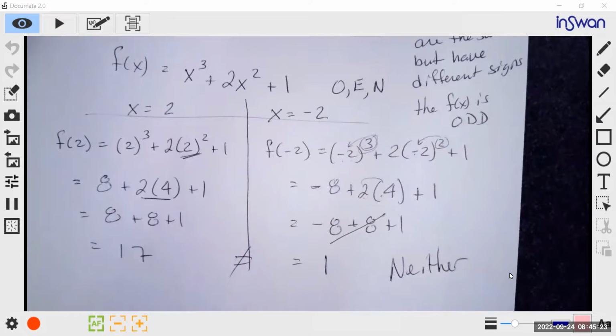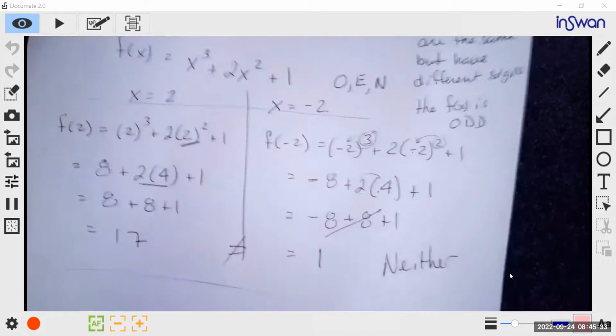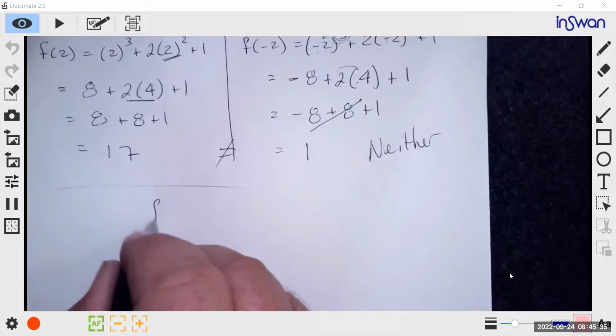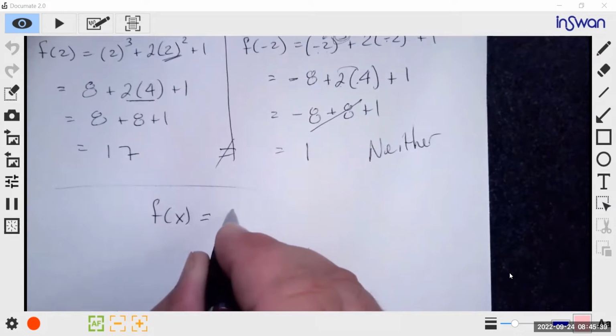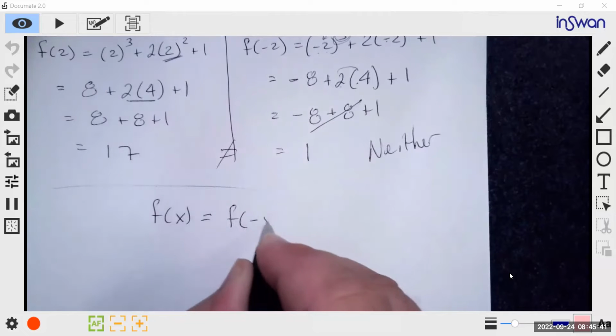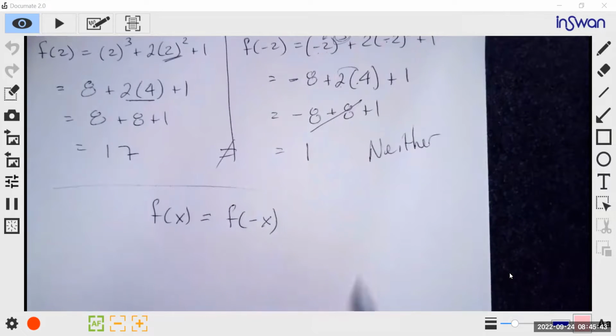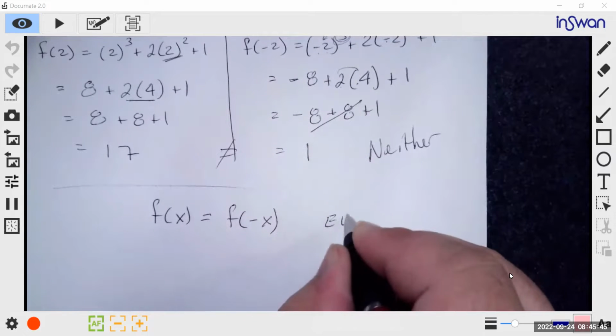So that's what we're looking at for symmetry, is if I change the x values from positive to negative, will it change the y values? If it remains positive, if I have a function and it gives me the same answer as if I put the negative x in there, we call that an even function.